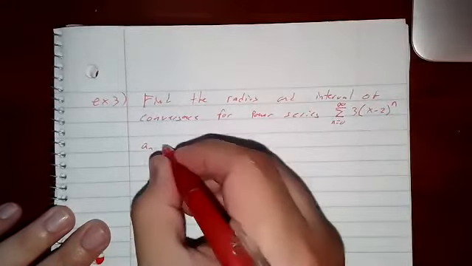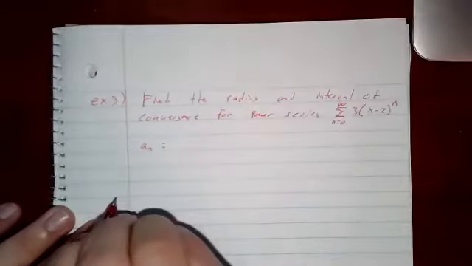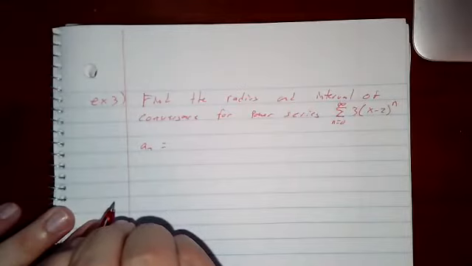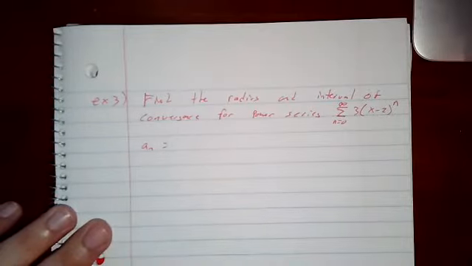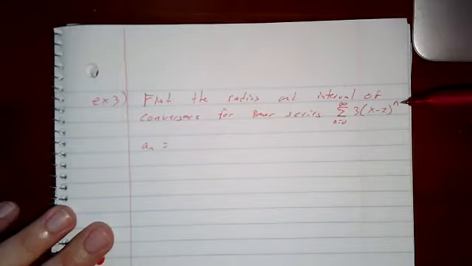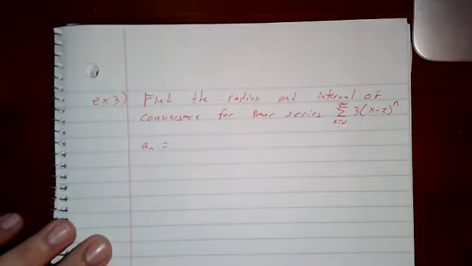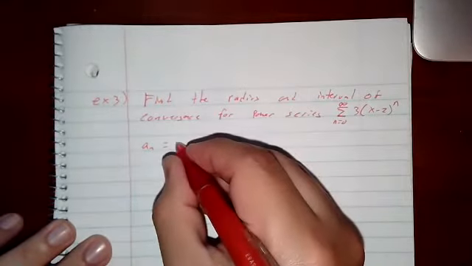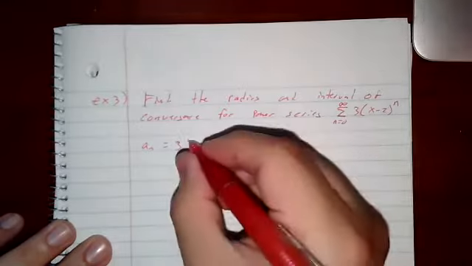So a sub n is equal to, well, we could do the ratio, but we could also do the root on this one. Because see how with a power n, we could cancel the n with the root test. Or we can do the ratio again if you want to. It doesn't really matter.